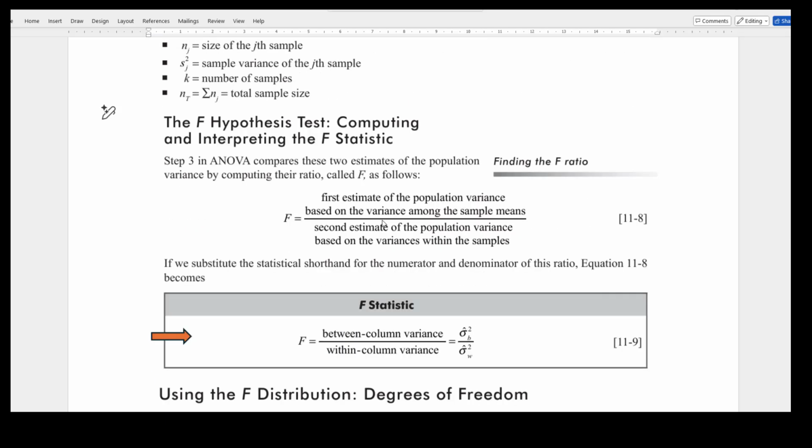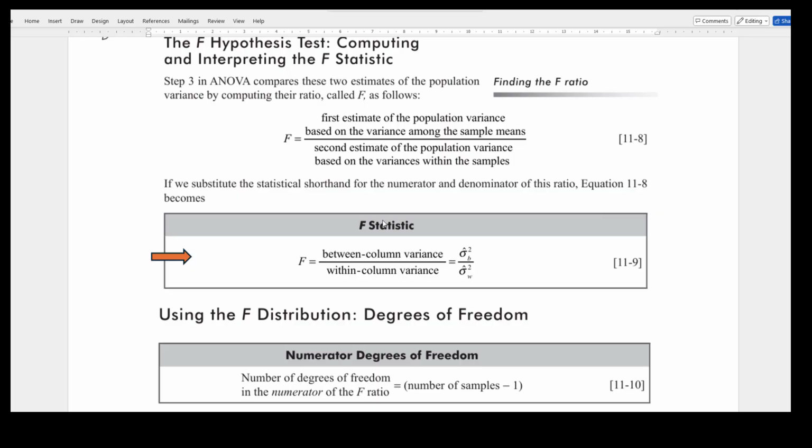When we compute this F ratio, we have to make sure that the higher estimate is put in the numerator so that the F value will always be more than or equal to 1. So it is between column variance over within column variance, but we can interchange this if F is coming less than 1. We have to ensure that F is coming more than 1.